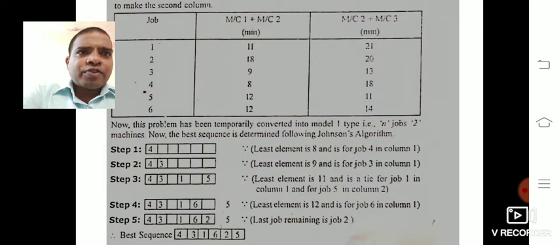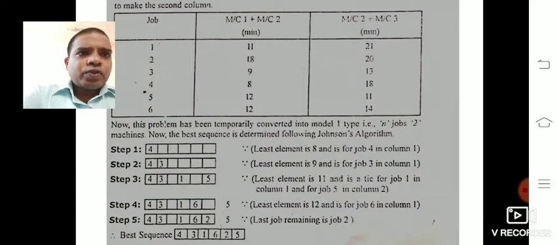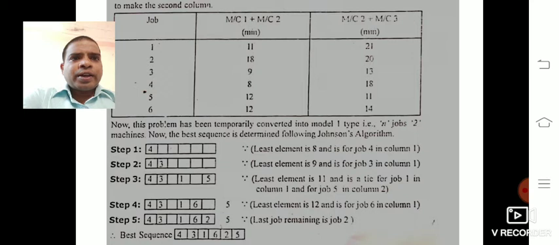And suppose you place the first job, that is 11, you place it as early as possible towards the left side. Now the next least element is 12, for job 6 in column 1, so you can place it towards the left side, and the last remaining job is kept in the last box.